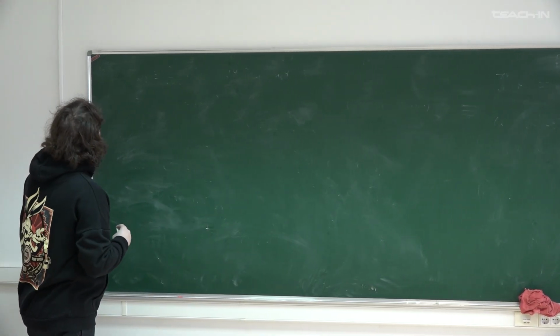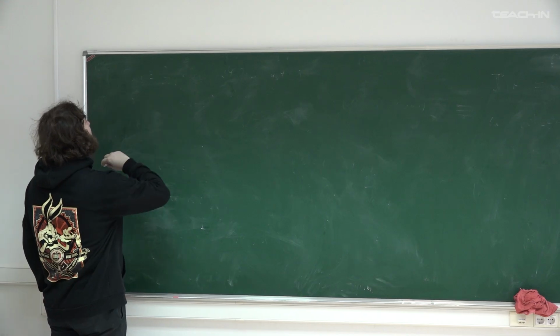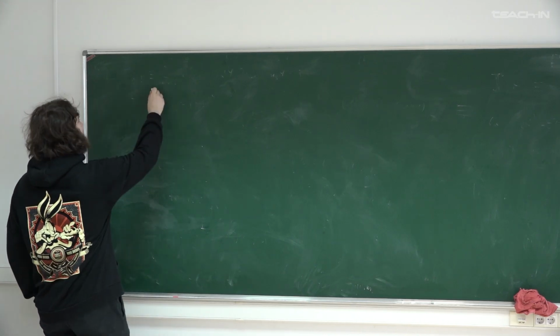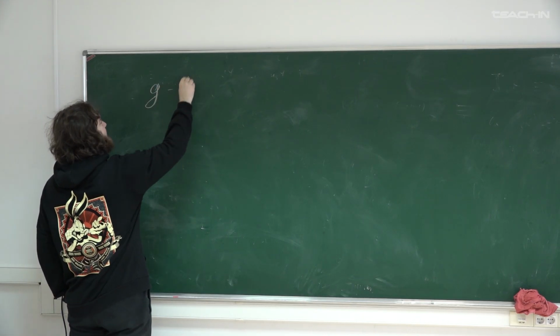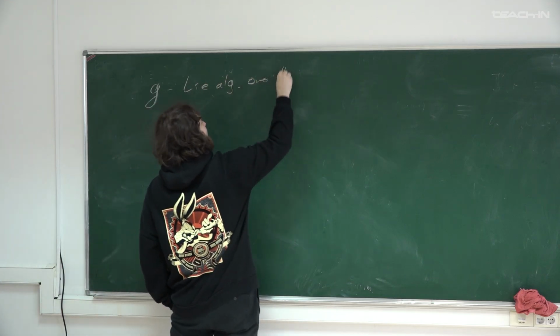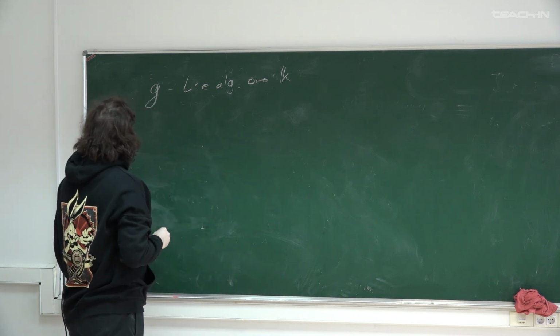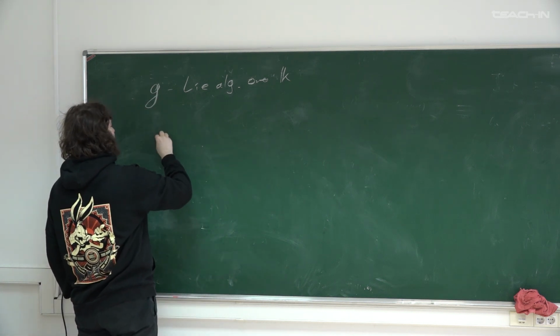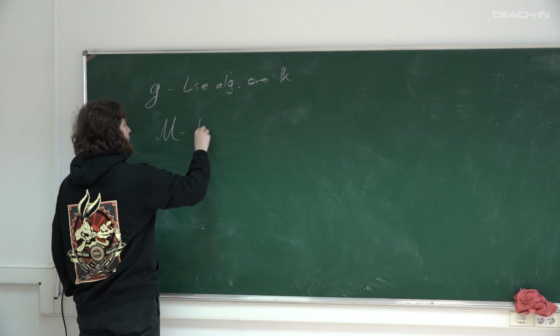Last time we defined homology for Lie algebras. Let G be a Lie algebra over a field K. Then we can consider G-modules, left G-modules, for example.